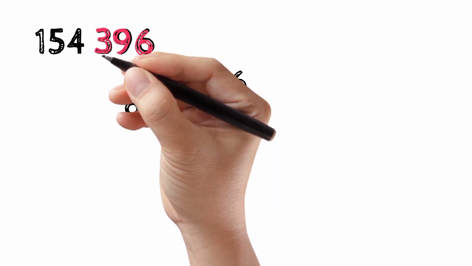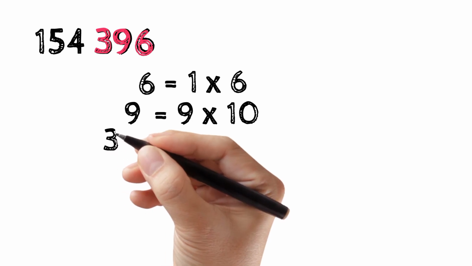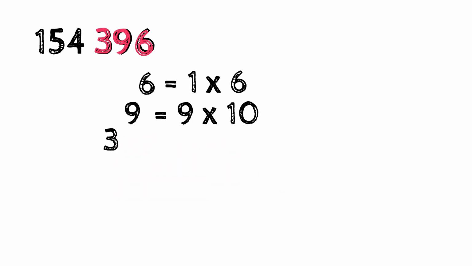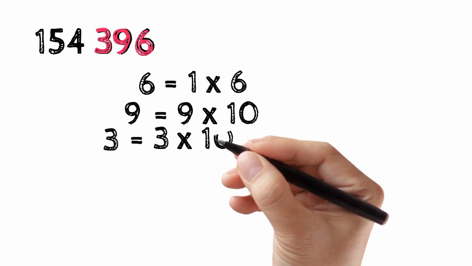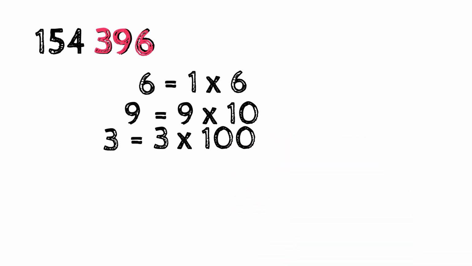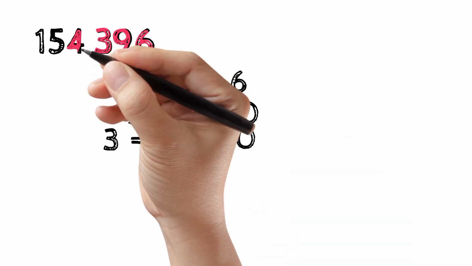Total value of each digit. So 3 is in hundreds, so is equal to 3 times 100. And the 4 here is in thousands.